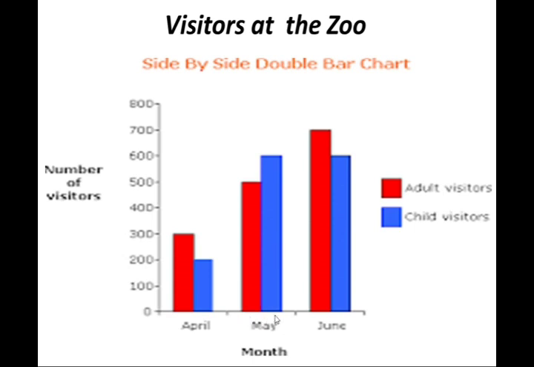If you look at the month of May, how many adult visitors were at the zoo? Take your ruler and follow the line until the number that it is in line with. There are 500 adult visitors at the zoo and there are 600 child visitors at the zoo during the month of May. Look carefully at the scale.